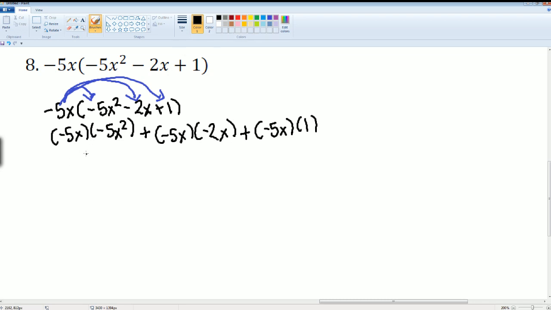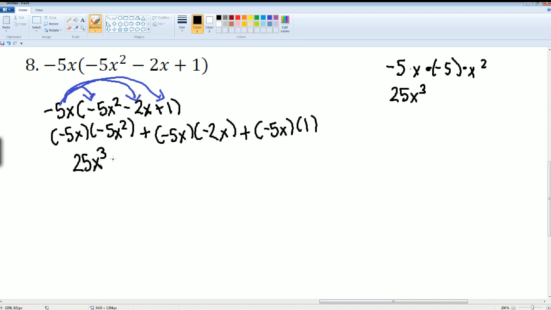Okay, so we could simplify this. What is negative 5x times negative 5x squared? If you want to write it on the side here, let me show you. It becomes negative 5 times x times negative 5, which is a multiplication, times x squared. So negative 5 times negative 5 gets you positive 25. x and x squared becomes x cubed. That's how I got 25x cubed here.